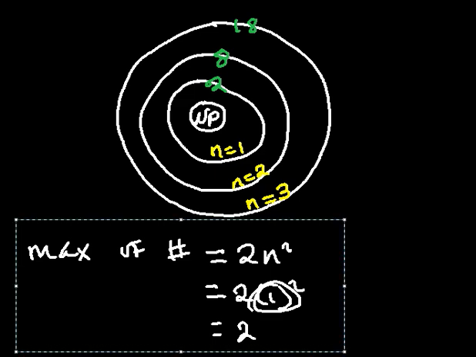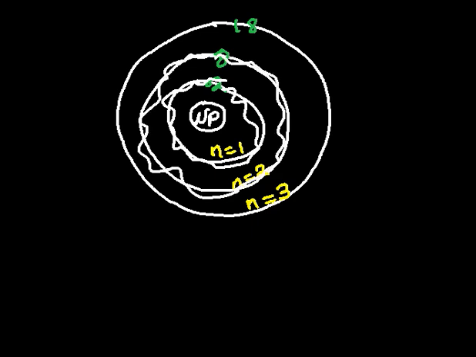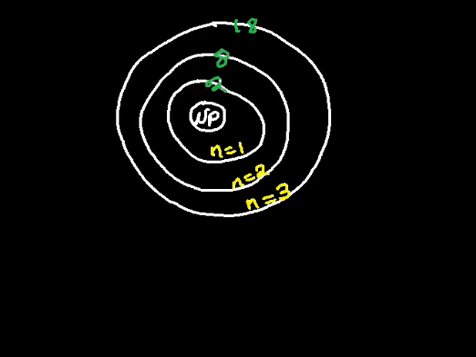Now, there are some cases you should understand. In a particular energy level, electrons are able to move within their energy level. So in the first shell, electrons can move around the nucleus in their shell.